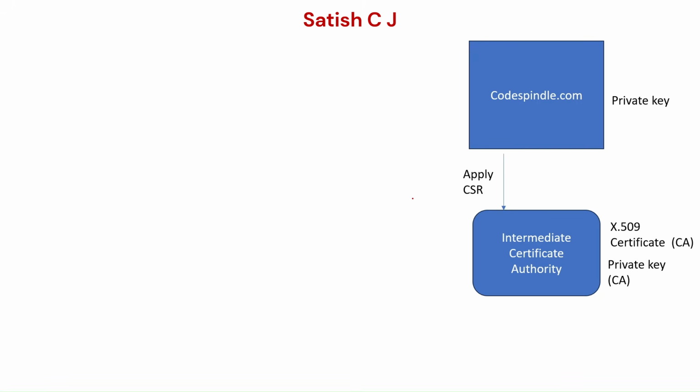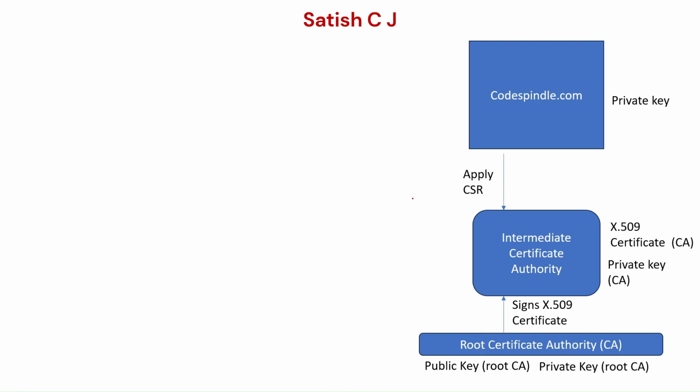The certificate authority has its own digital certificate and a private key, and it is verified by a root certificate authority which issues a digital certificate to this intermediate CA. This intermediate certificate authority, after verifying the contents of your CSR and establishing your identity, will issue you a digital certificate for the domain. So this domain has a digital certificate, an X.509 certificate we say, and a private key.